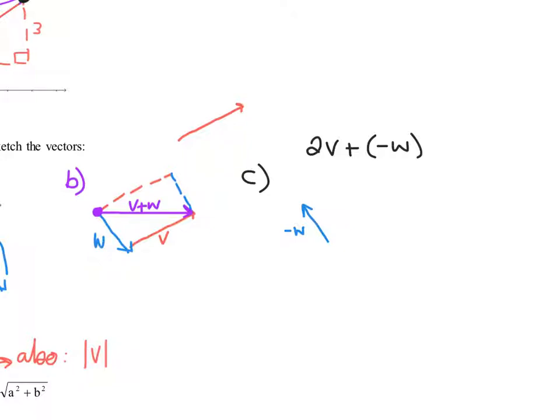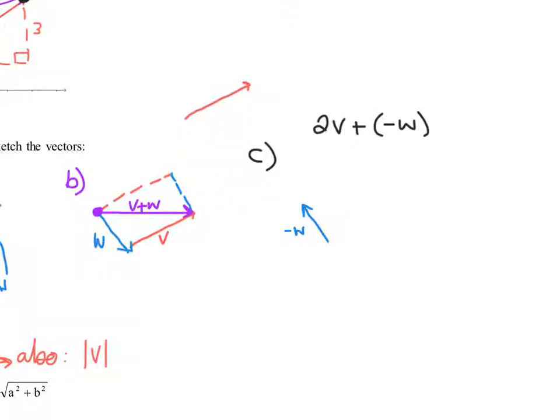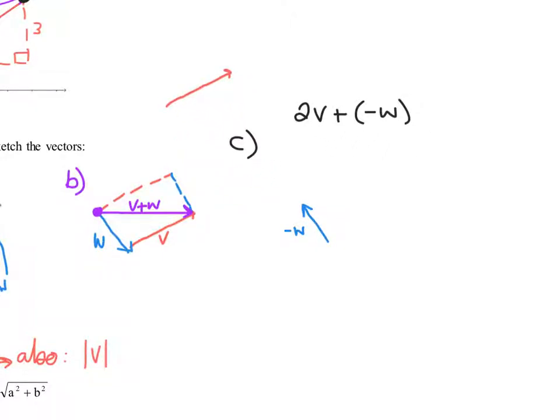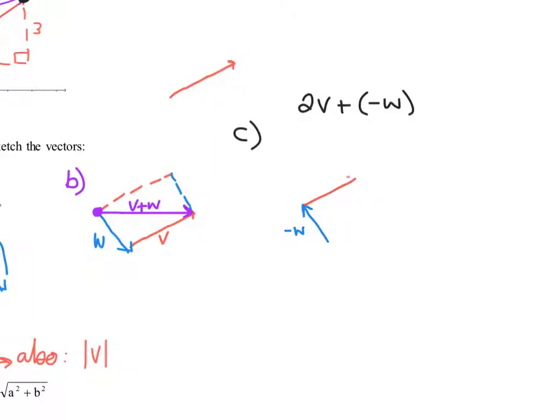See, it's grouping everything. I don't want anything grouped. This I can move up. All right, so we have one V and we have another V. All right, so that's our 2V.